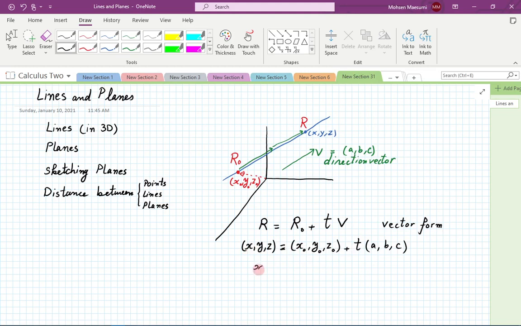So I can say x is x0 plus t times a, or a times t, and y is y0 plus b times t, and z is z0 plus c times t. These three equations are sometimes referred to as the parametric form.